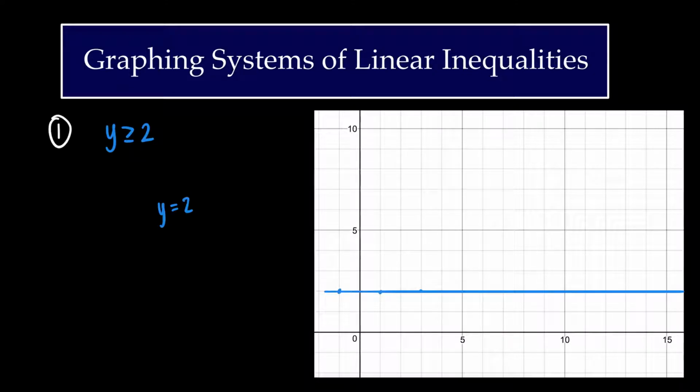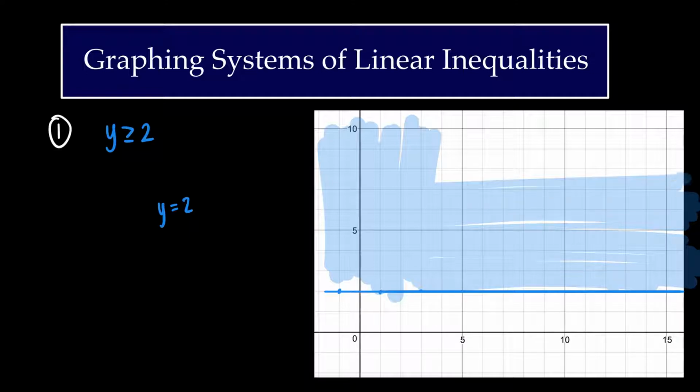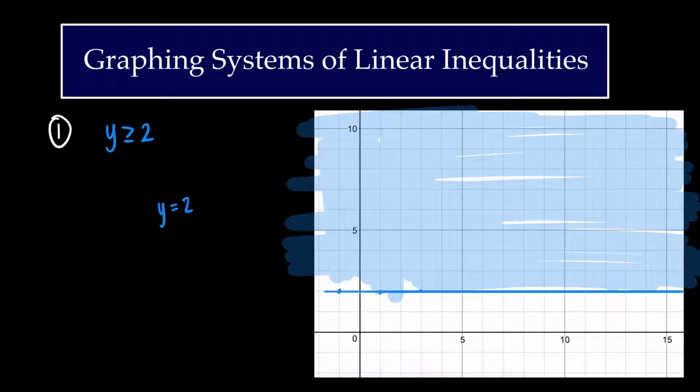So not only are we going to color that line in, we're also going to color everything above that line. So we'll literally just shade in everything above the line, and it's not going to look pretty because there's a lot of shading to do, but you get the point. We're going to shade everything in above that line. Okay, I missed some spots, but you can imagine literally any point that falls in this blue area, it will be true that the y value there is greater than or equal to 2.